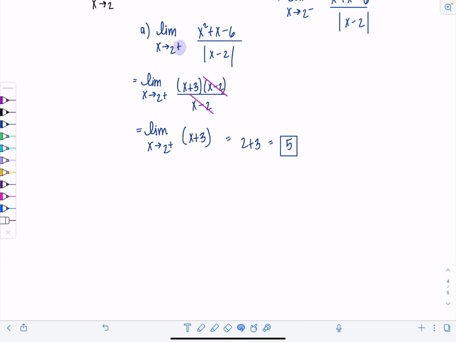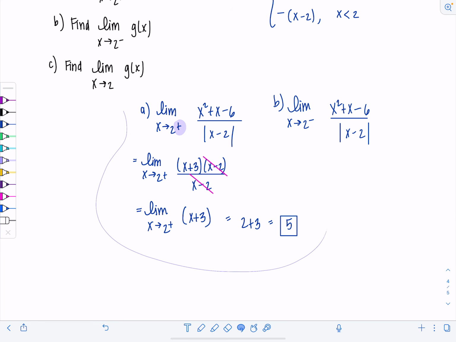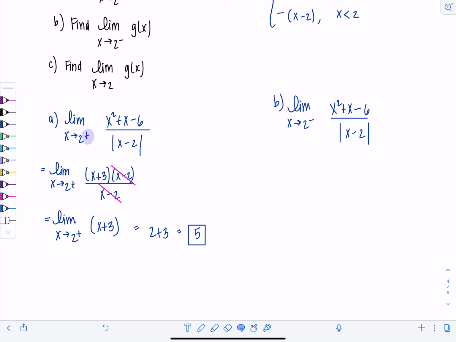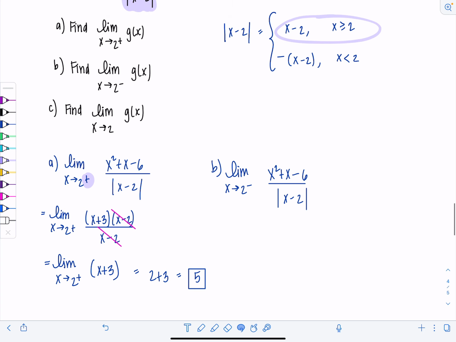Bear with me. So now let's think about which part of the piecewise function we're going to use. Okay, so since we're approaching from the left of 2, then I'm going to use the bottom portion of the piecewise function because that's how the absolute value of x minus 2 is defined for values that are smaller than 2.